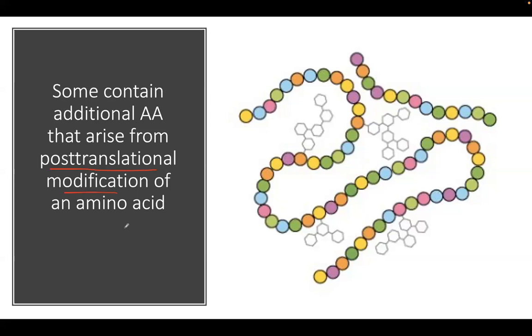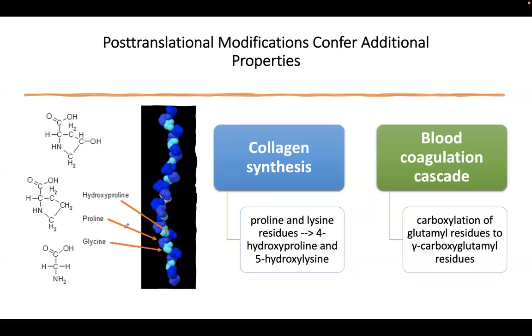So let's summarize what has to be brought to a standard exam. Now, in this chapter in the textbook regarding post-translational modifications, there are two important things I want you to remember. One is collagen synthesis. Second is the blood coagulation cascade.